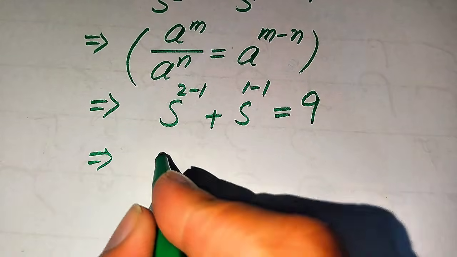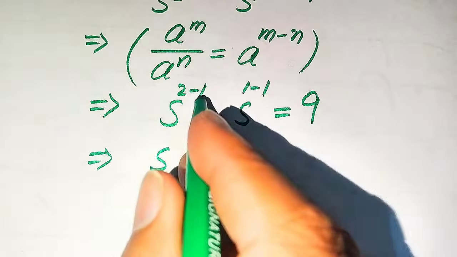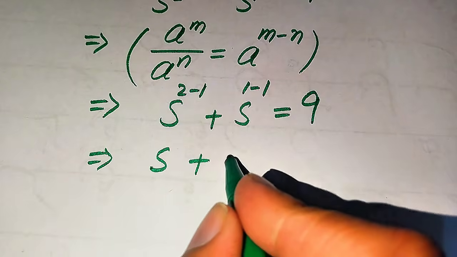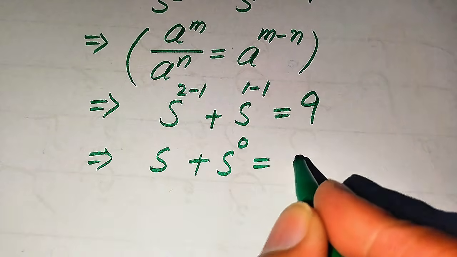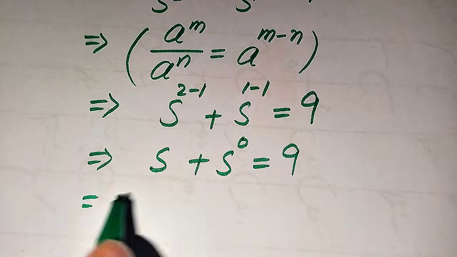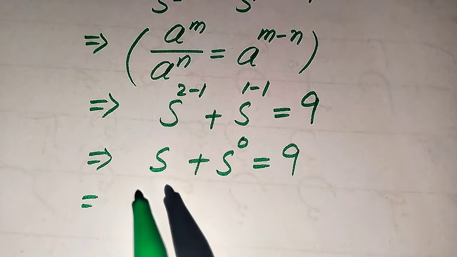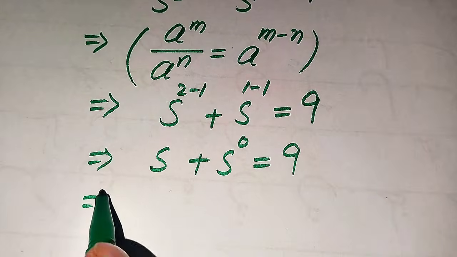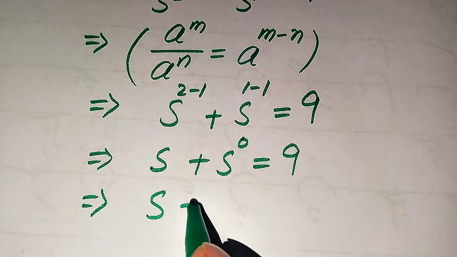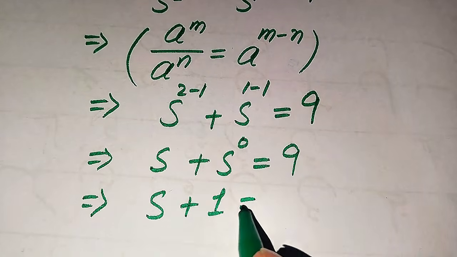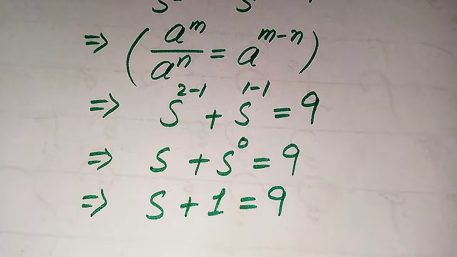After that we get s to the power of 2 minus 1 becomes s to the power of 1, and s to the power of 1 minus 1 becomes s to the power of 0, and this equals 9. We know that any number whose exponent is 0 equals 1, so you get s plus 1 equals 9.